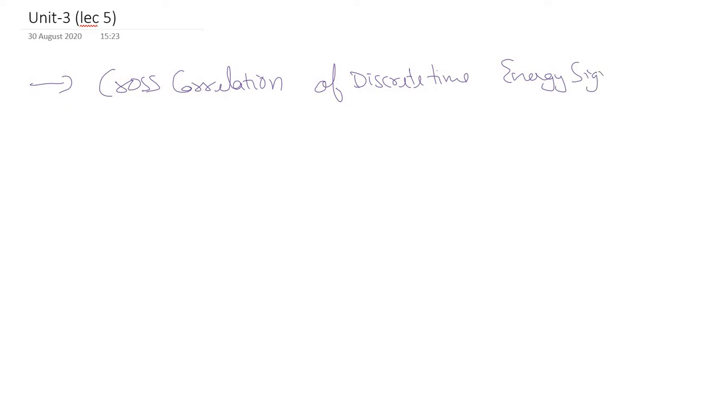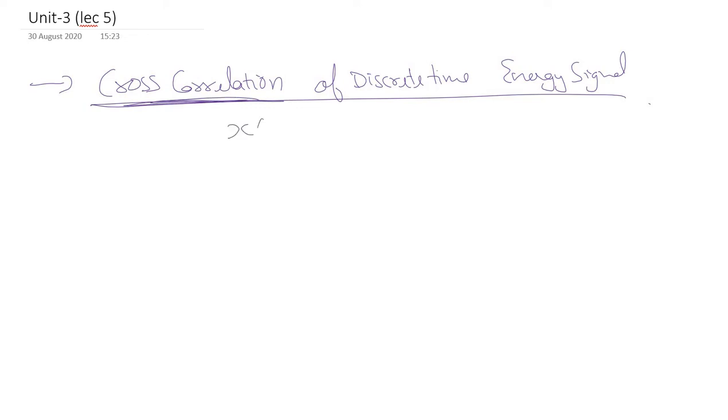So first we'll look at the cross correlation of discrete time energy signals. Obviously we are dealing with cross correlation, so two signals have to be present.